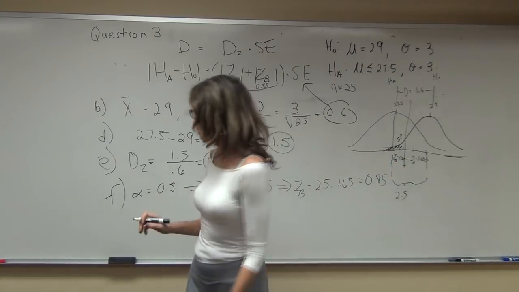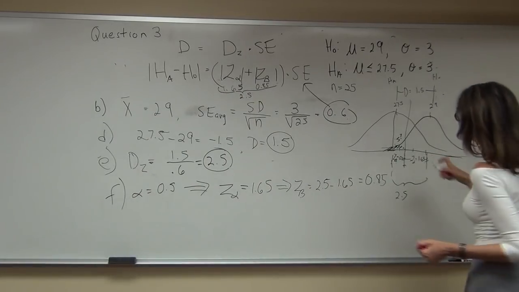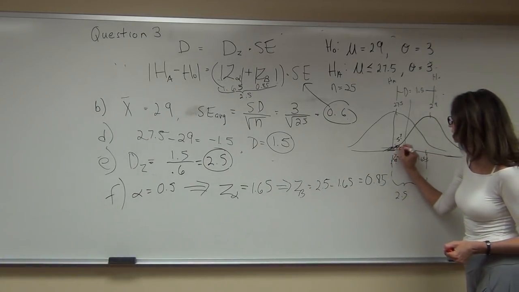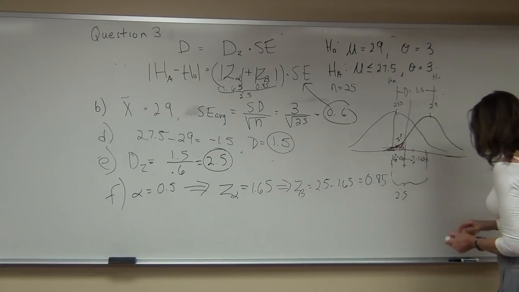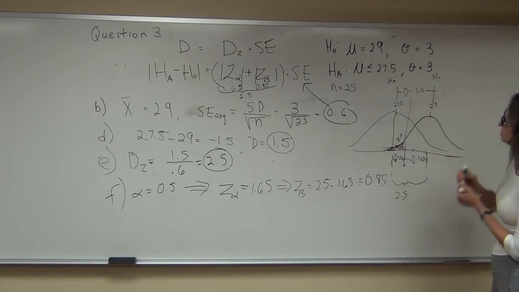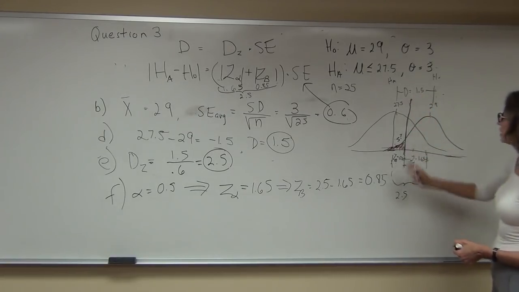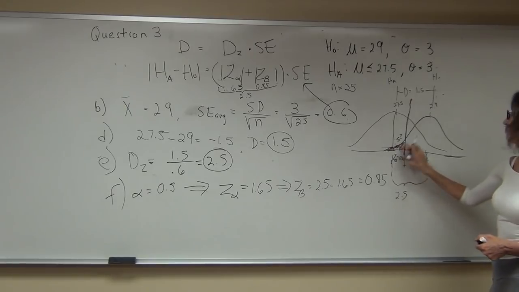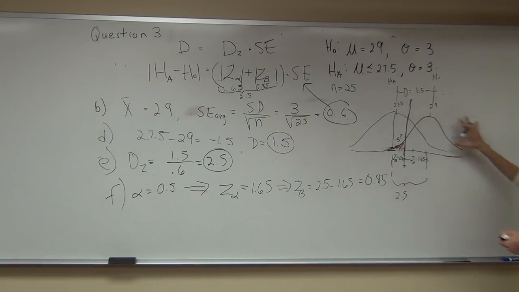So let's just get some color coding here. This is our type 1 error of 5%, let's say. When we make this decision, this is like our null cutoff, this is our decision maker right here. When the null is true, we're going to be wrong 5% of the time, correct? Because when the null is true, we want to decide on this side.